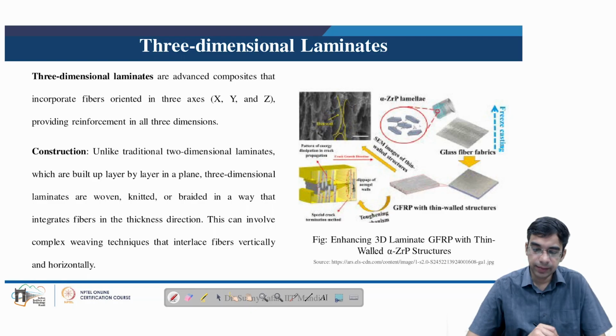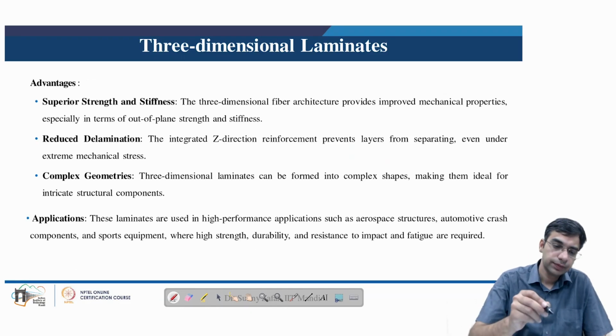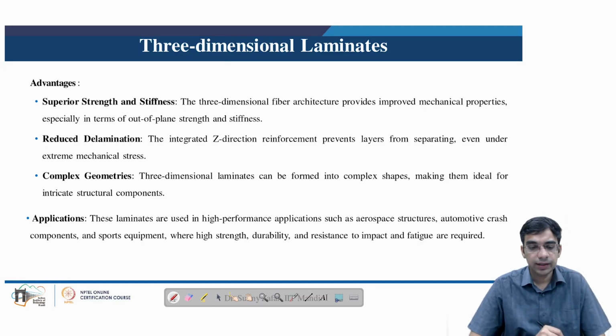By providing such three-dimensional laminates, we can enhance the overall performance of composites not only in the plane direction but also in the out-of-plane direction. The advantage is that three-dimensional laminates offer superior strength and stiffness.